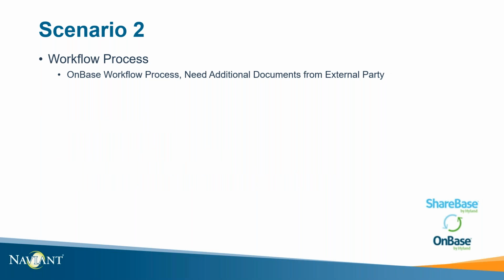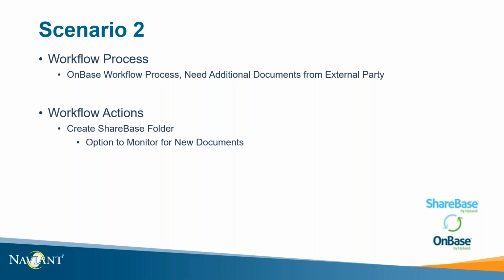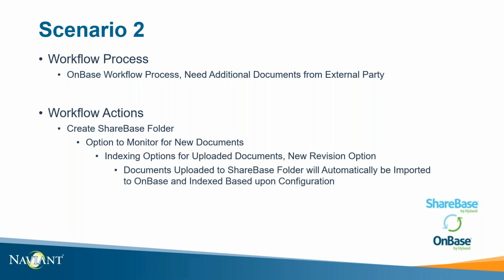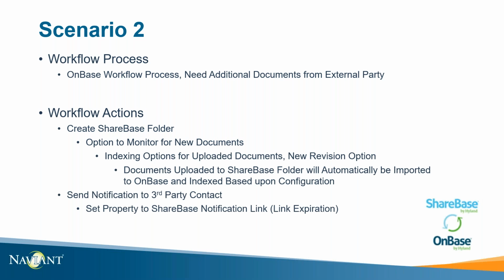A secondary scenario: what if we have a workflow process but we need additional documents from that third party? We can accommodate that also. That's just a little bit different within our workflow actions, where we're creating a ShareBase folder again, but that folder is going to be for uploading any documents that are provided to us by that third party.